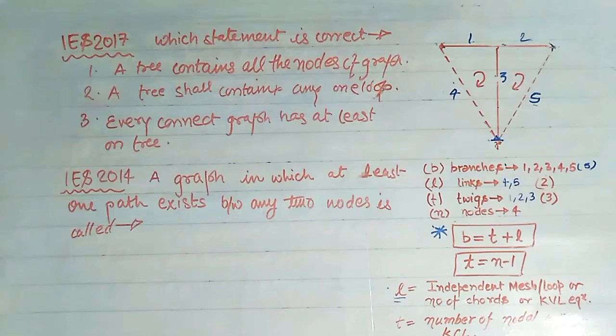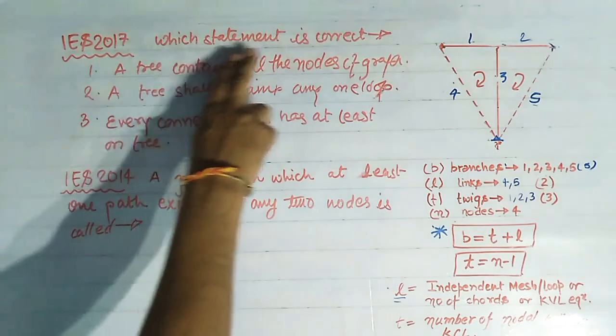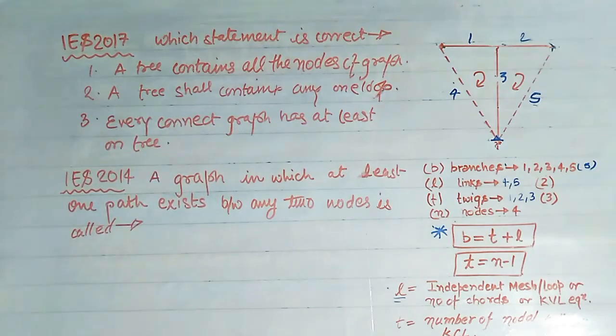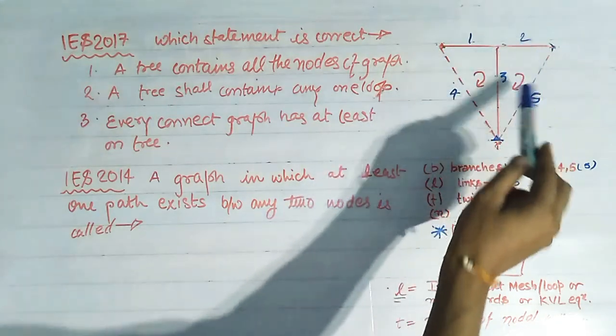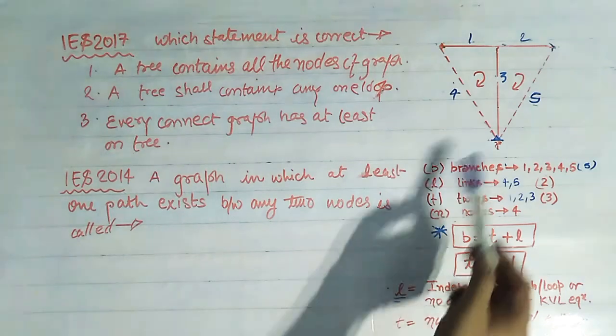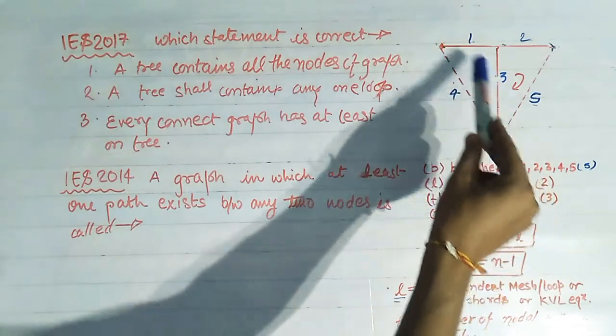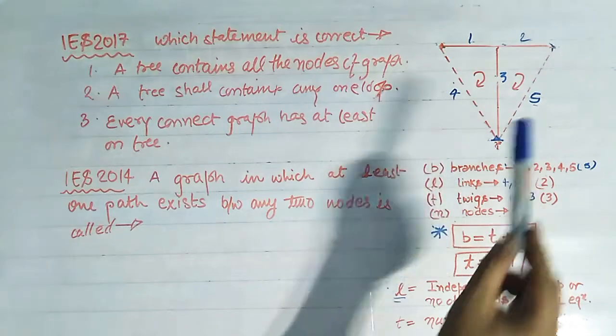Now take this question that has been asked in ES 2017. We have to find which of the given statements are correct. First, a tree contains all the nodes of a graph. This is correct because, suppose 1, 2, 3 form the branches of a tree, then we can see that this tree includes all the nodes of the graph.